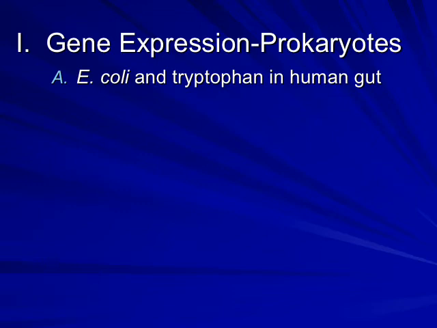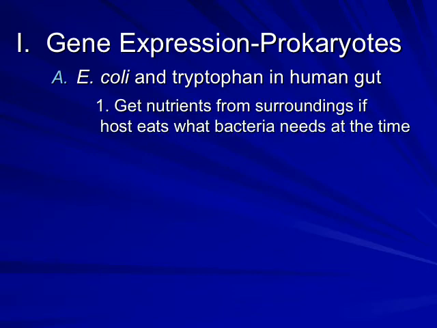And tryptophan is a protein that is in your gut, and turkey is high in tryptophan. Okay, so E. coli that live in your gut normally get their nutrients from the surroundings. And if you eat something with tryptophan in it, then the E. coli gets the tryptophan from your diet.